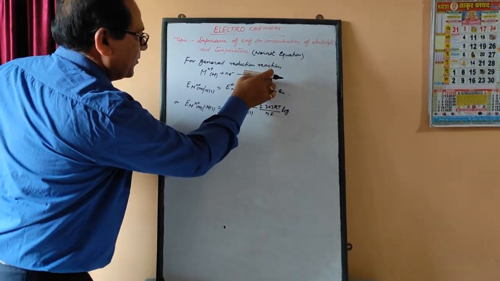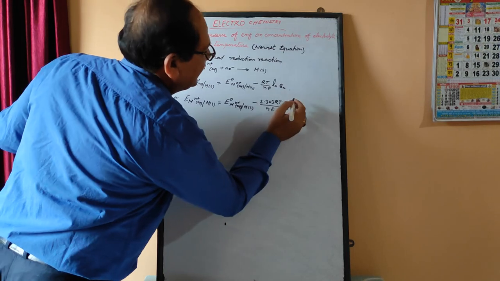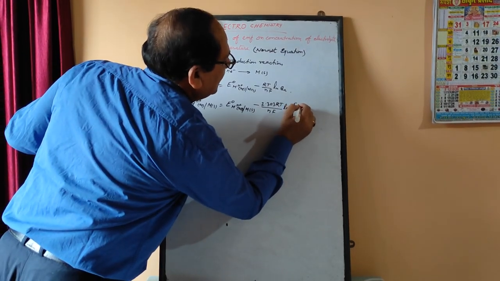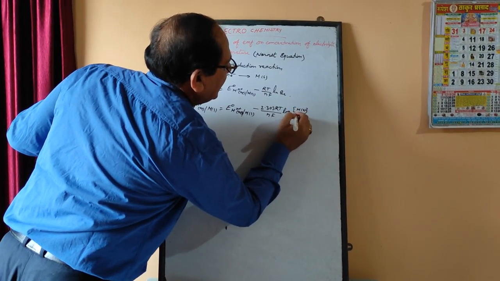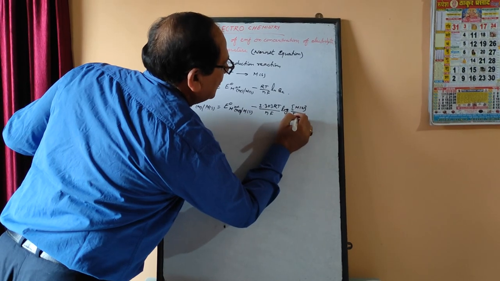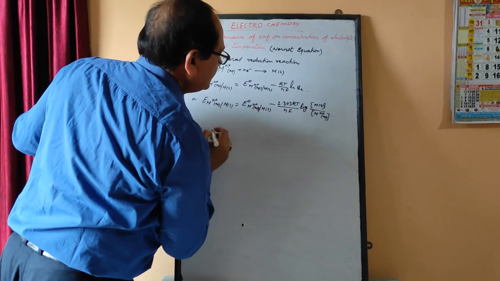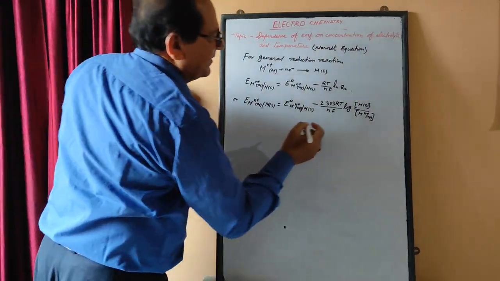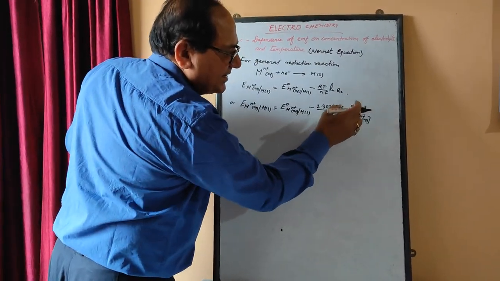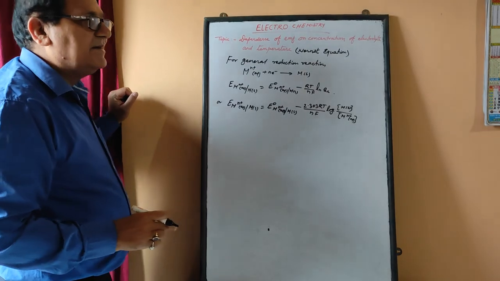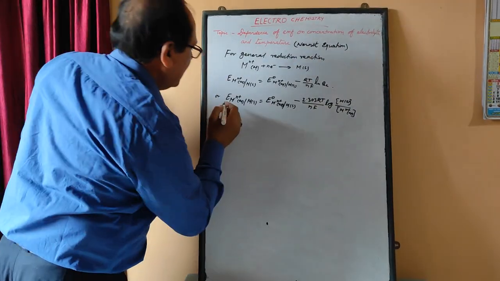Qc means the product divided by reactant: concentration of M solid divided by concentration of Mn+ aqueous. By convention, we know that the concentration of solid is taken as 1.